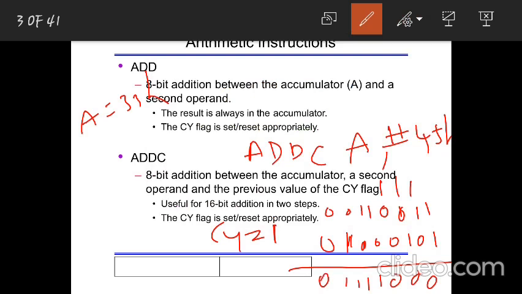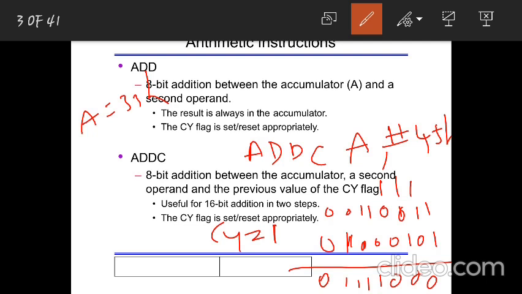This is the solution you got, but the carry will also be added. This is not the exact solution you get generally. After execution you will have carry equal to 0, because this carry will be added in this.